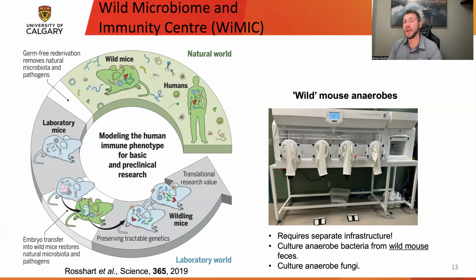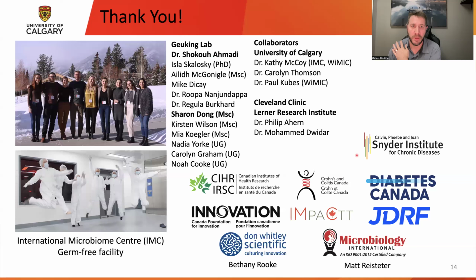And as you can see, for all of those steps, we rely heavily on the capacity to do efficient and clean anaerobic culture, where the A95 for us is really the go-to chamber to use for that. So that's all I wanted to talk about today.